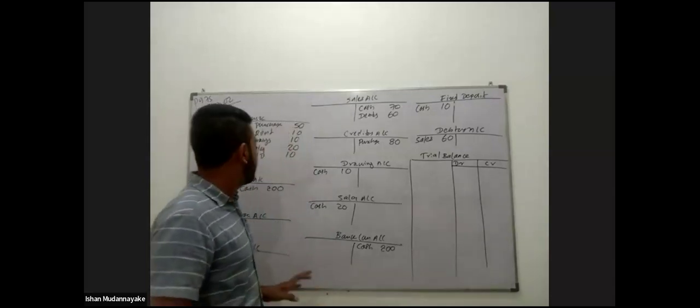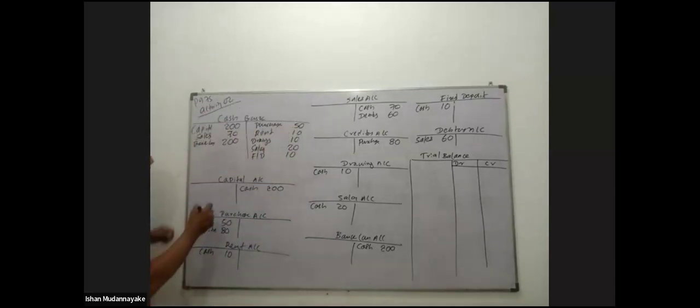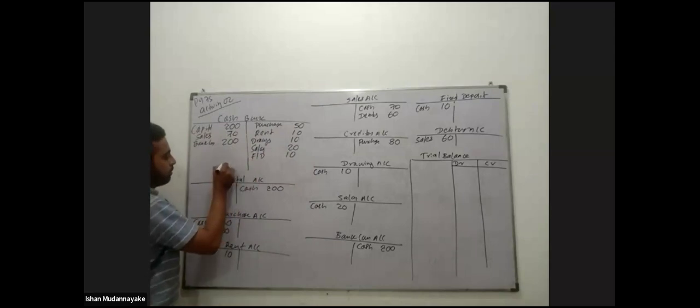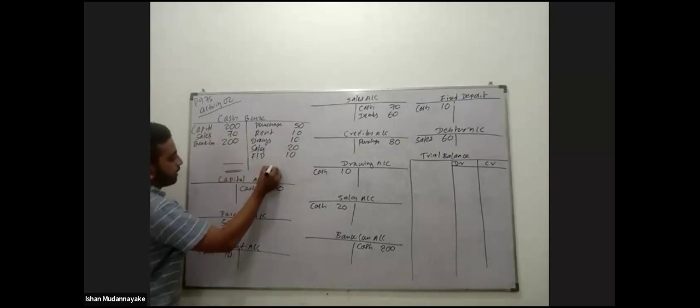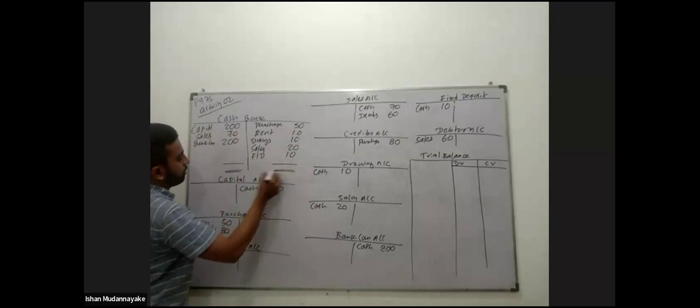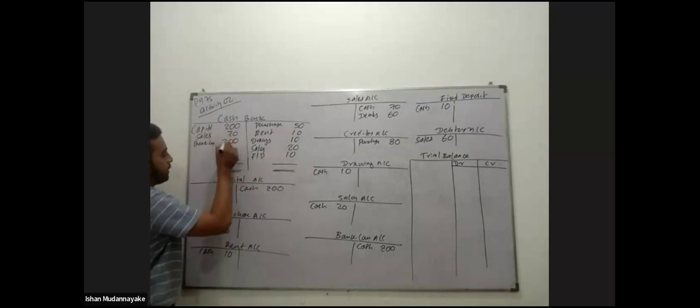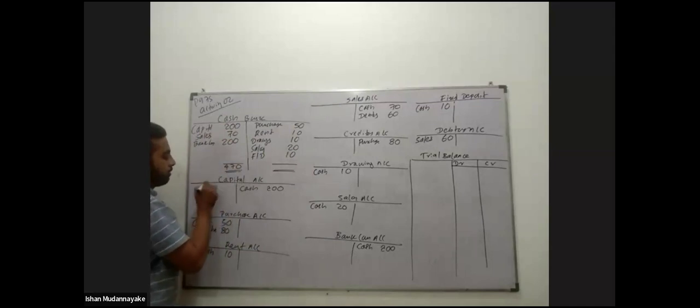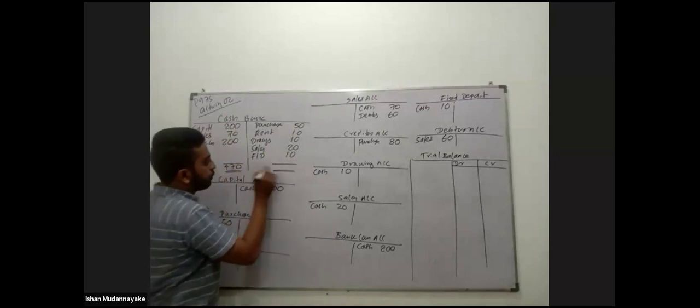Take the cash book. The higher side is the debit side. The debit side total amount is 470, and then transfer this 470 to the credit side.